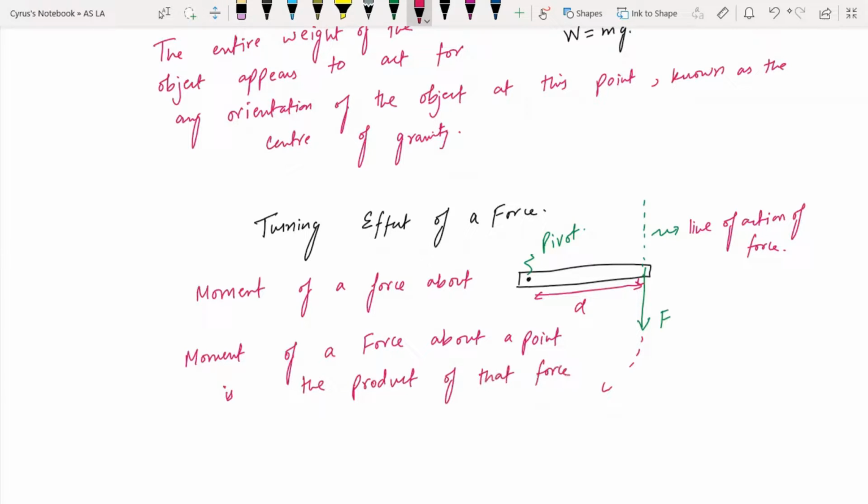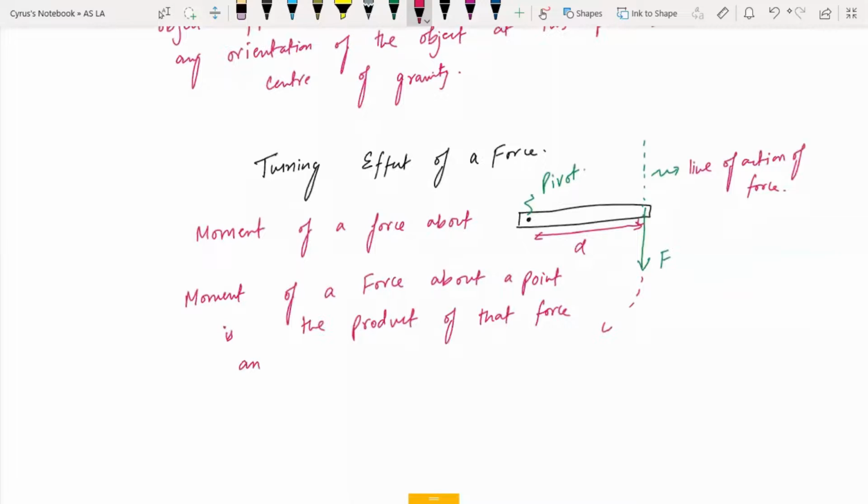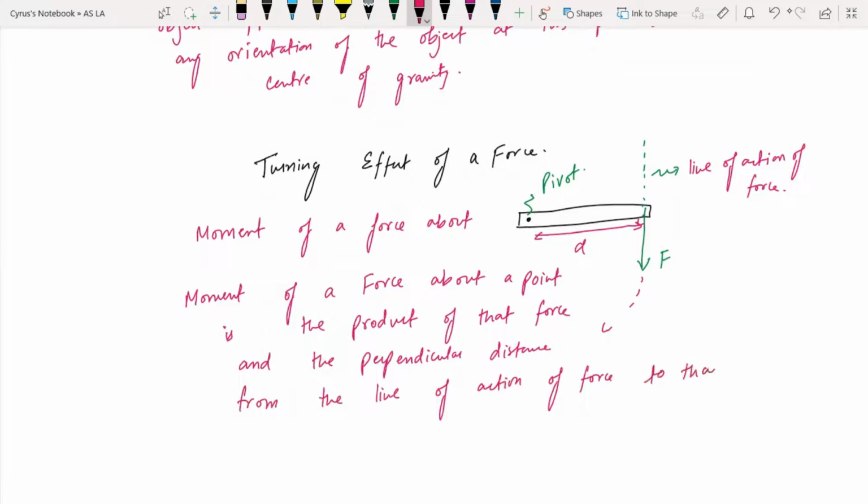This is the force that we have, and the perpendicular distance from the line of action of force to that point. And we call this point what? The pivot.